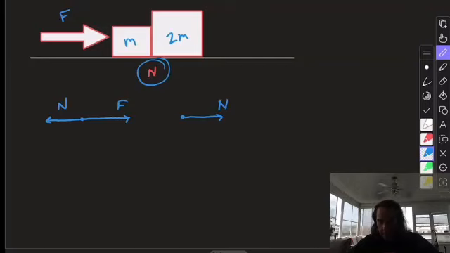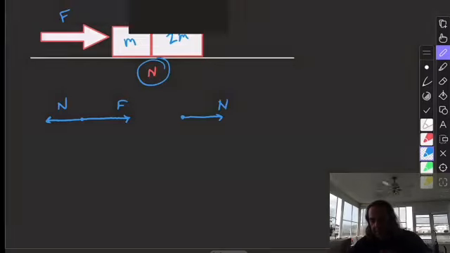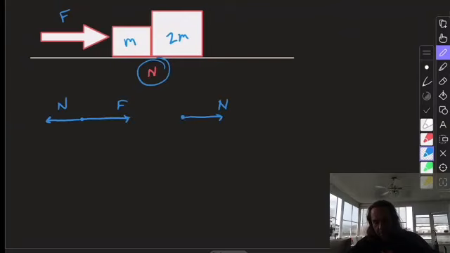But still, the acceleration of both boxes has to be the same. If M accelerates more than 2M, then M is going into 2M, like inside it. And if 2M is accelerating more than M, then they're separating. So we assume the acceleration has to be the same for both.